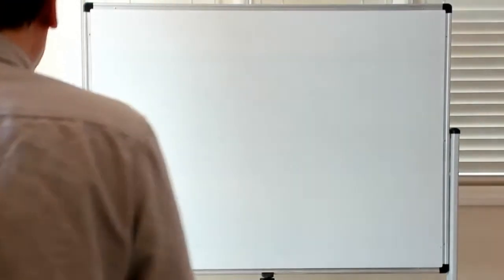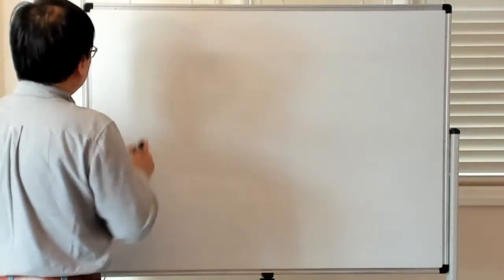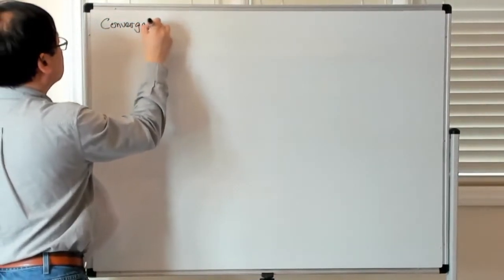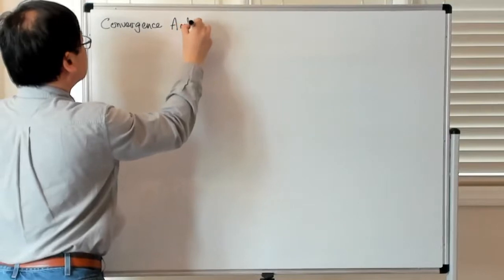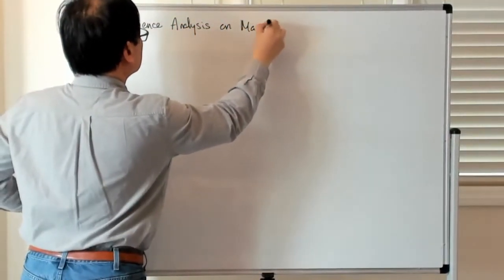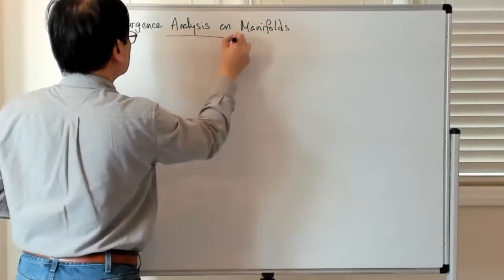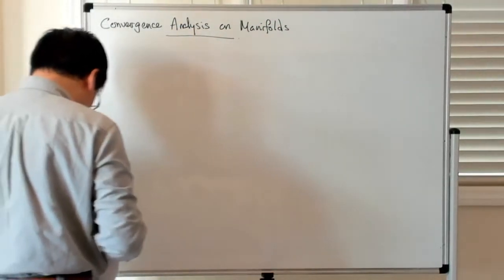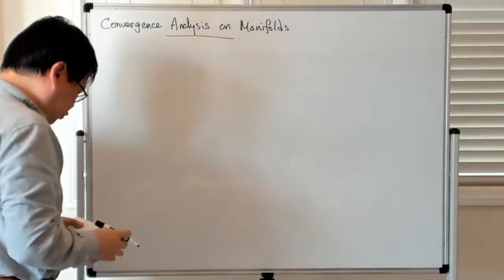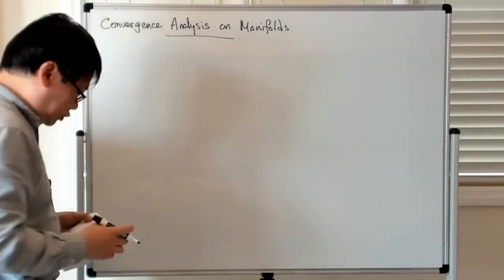All right, so now we're going to discuss convergence analysis on manifolds. Okay, so the notion of convergence on manifolds is a relatively straightforward generalization of the vector space case.